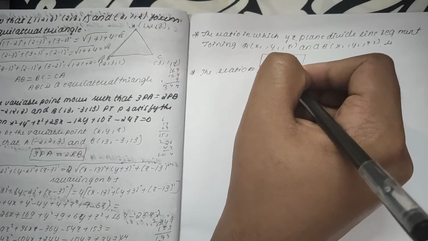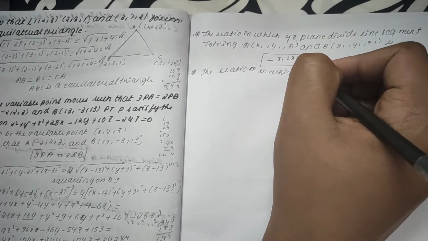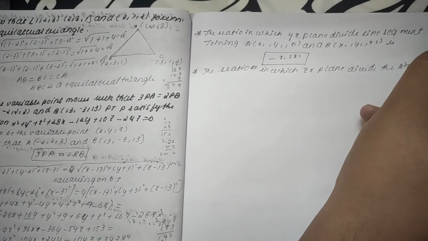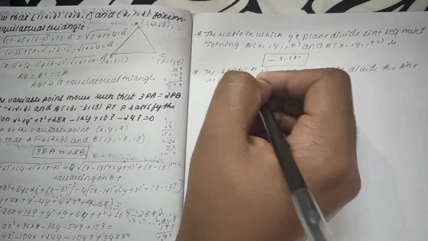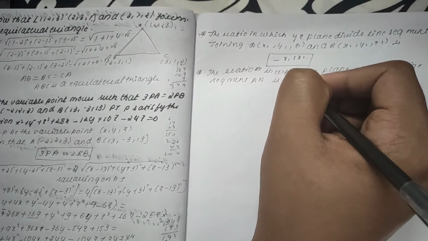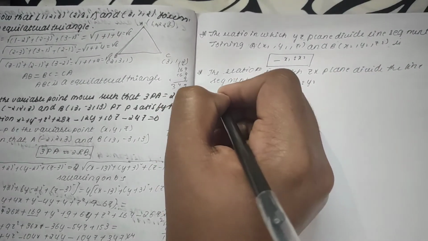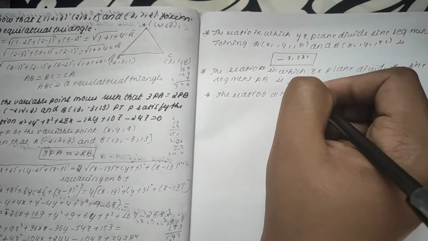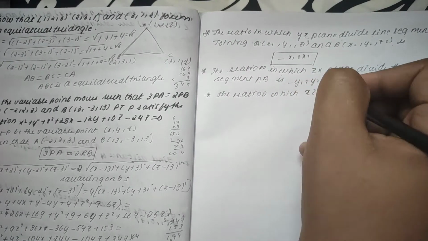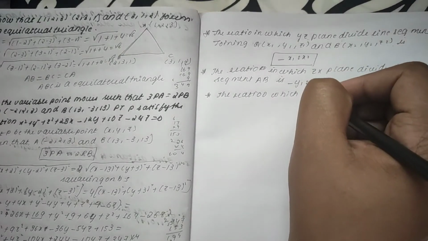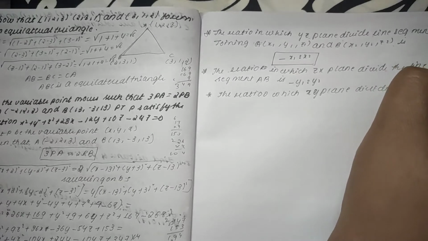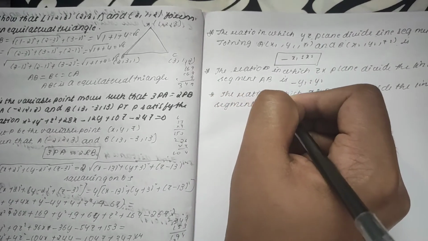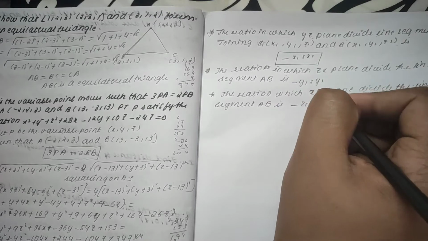Similarly, the ratio in which ZX plane divides the line segment AB is minus y1 is to y2, and the ratio in which XY plane divides the line segment AB is minus z1 is to z2.